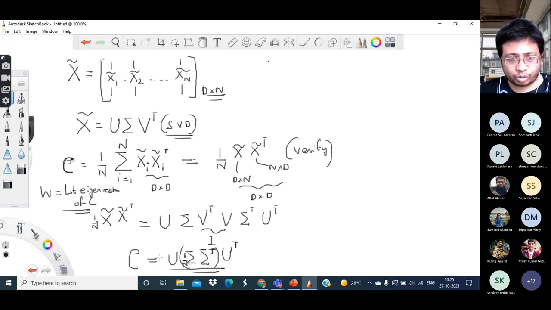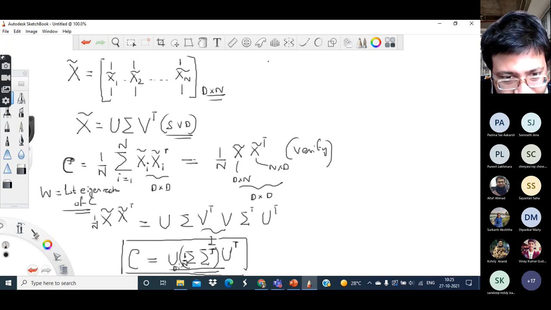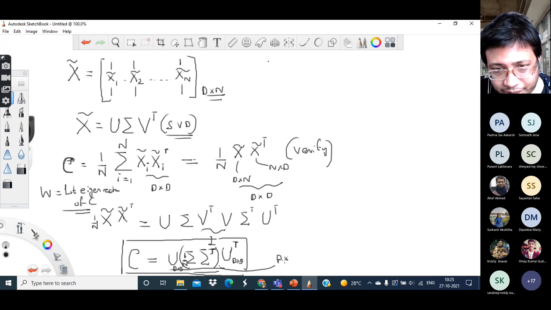C is now equal to this quantity. Now you can understand that this 1 by n sigma sigma transpose is basically a diagonal matrix. The way sigma is defined, you can clearly work out that this is a D cross D orthogonal matrix, this is also a D cross D orthonormal matrix, and this is a D cross D diagonal matrix.